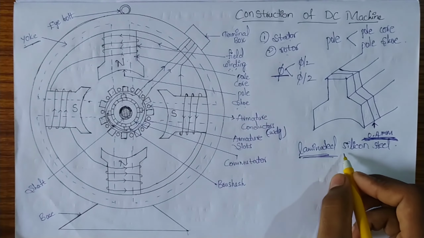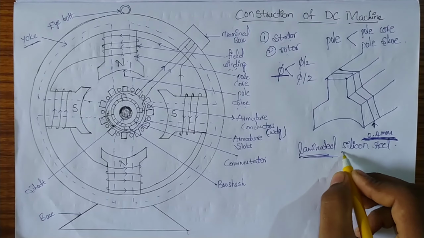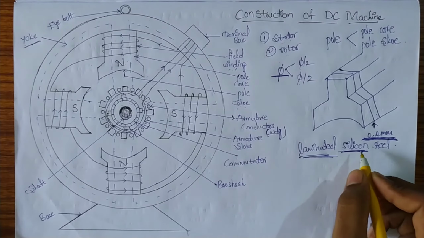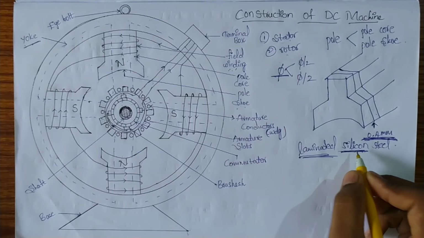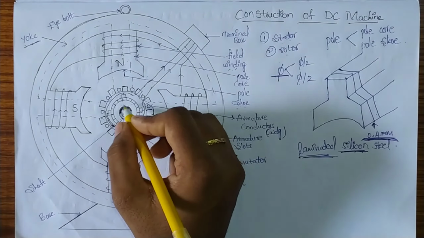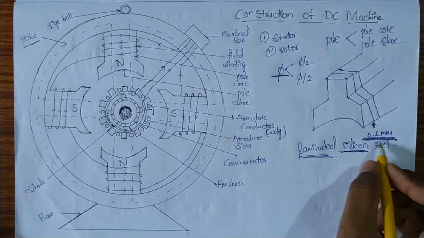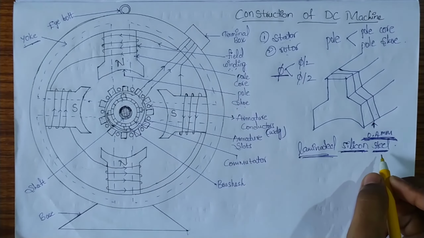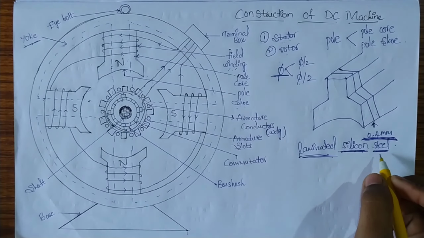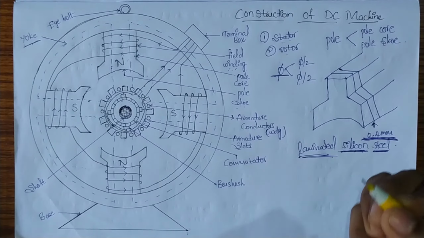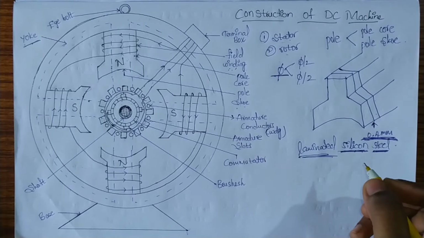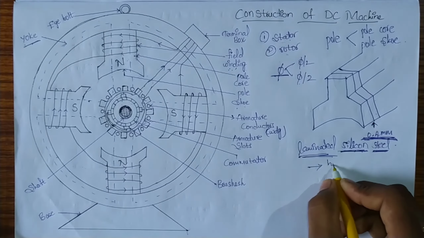We prefer silicon to reduce the hysteresis losses produced in the armature core. And then one more material added to this is steel. We prefer steel for the armature core because it has better properties like high conductivity.